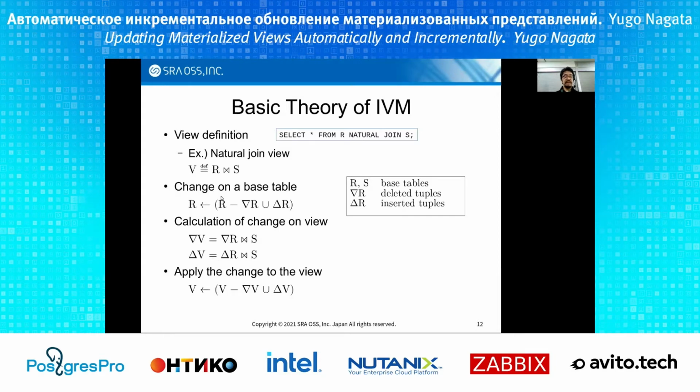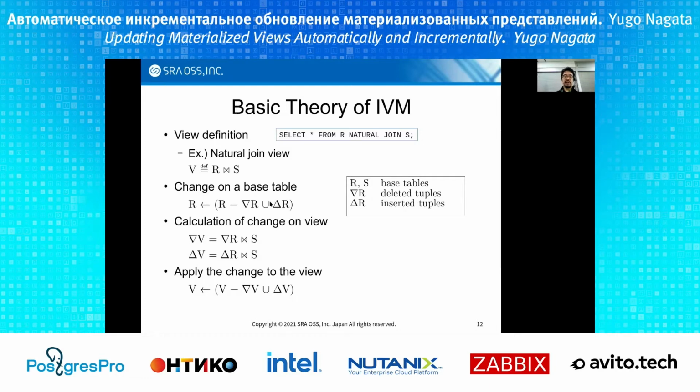when a table R is updated, its change on table R is represented like this. This inverted triangle, inverted delta, is nabla. Nabla R means tuples deleted from the table.